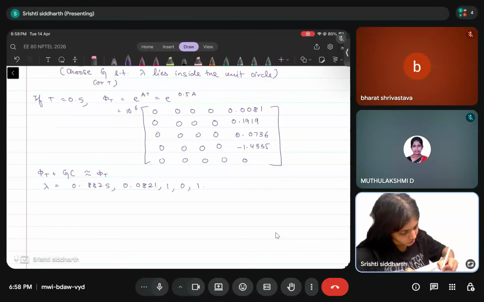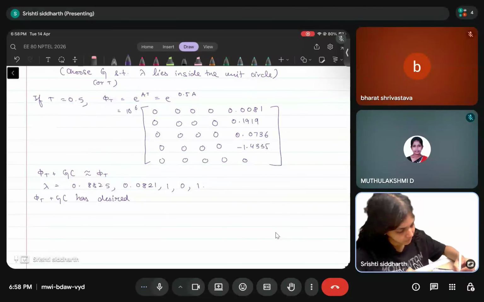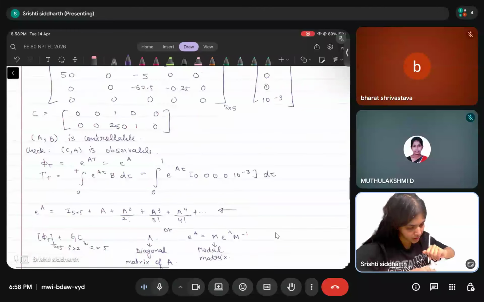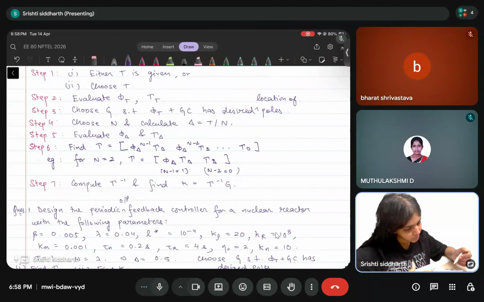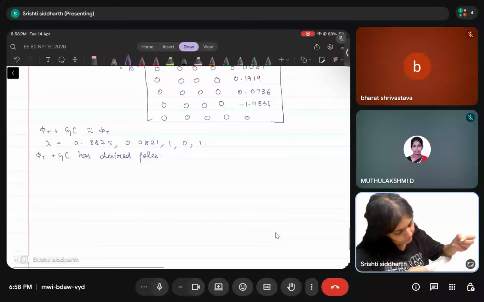Okay, so phi t plus gc has desired eigenvalues, desired poles. Okay, so let's see the next step. So choose n and calculate delta.